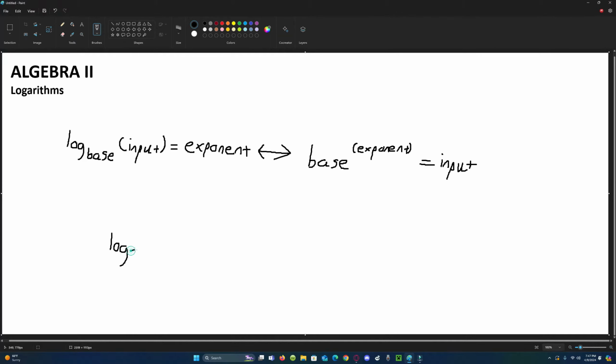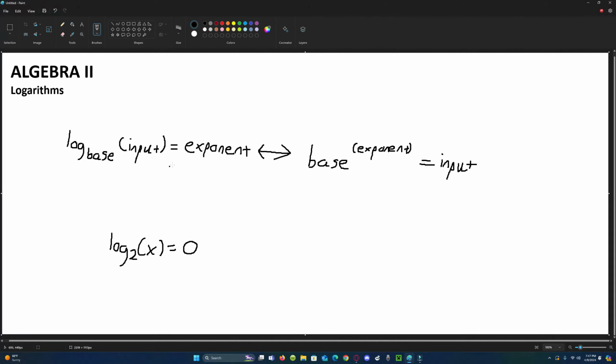Log base 2 of x equals 0. So this is actually the same thing, but not really, because this time x isn't right here. X is right here.